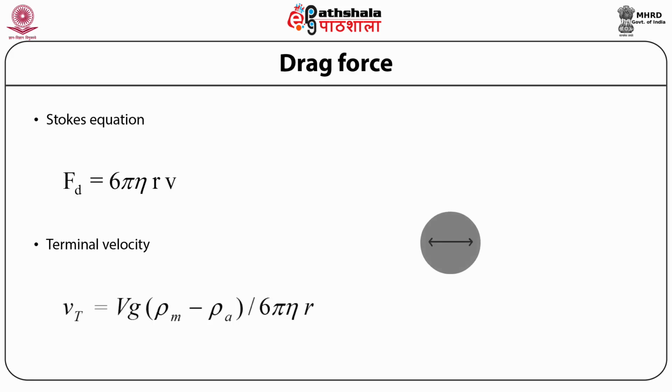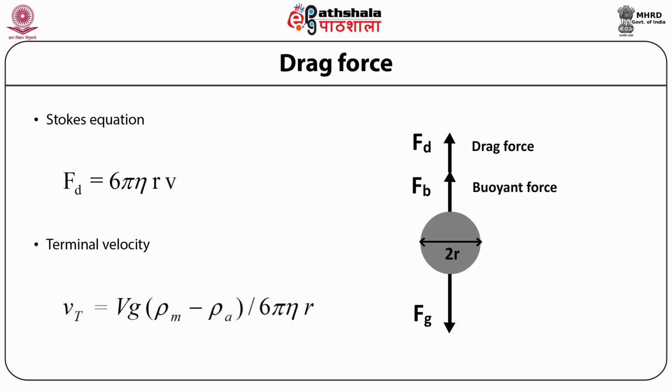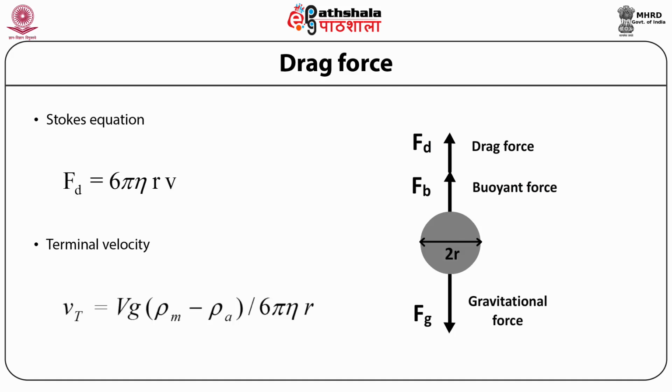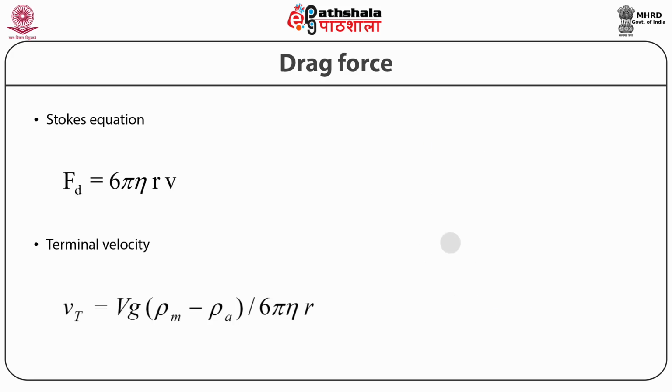If the forces are balanced, then the object attains a constant velocity towards the ground, called terminal velocity, and it is simply given by this expression, which depends on the viscosity of the fluid and the difference between the density of the object and the fluid, and nothing more.